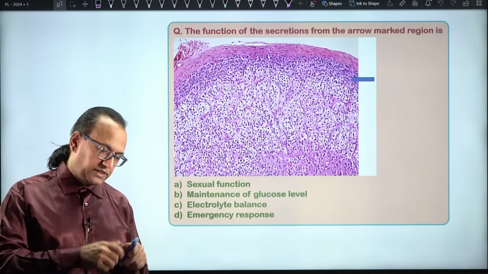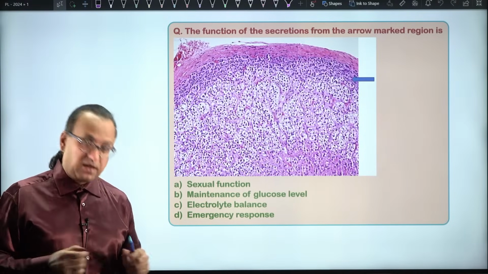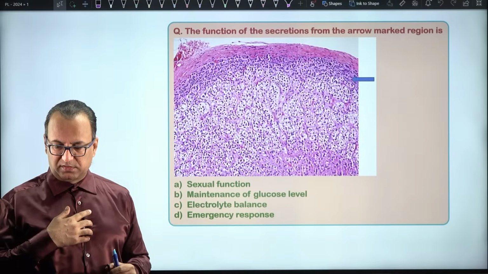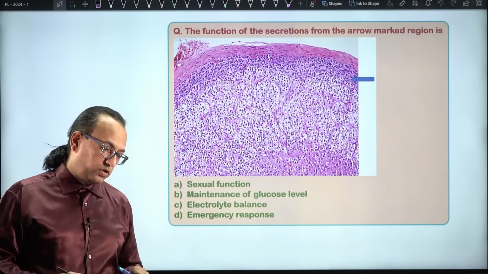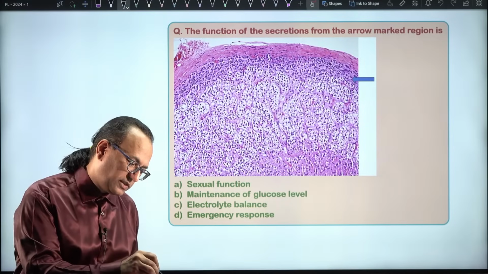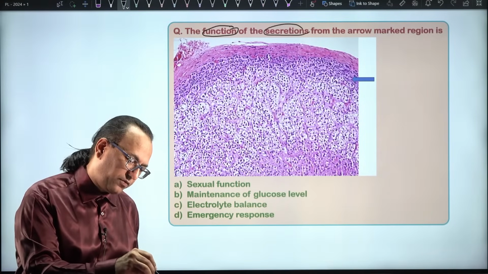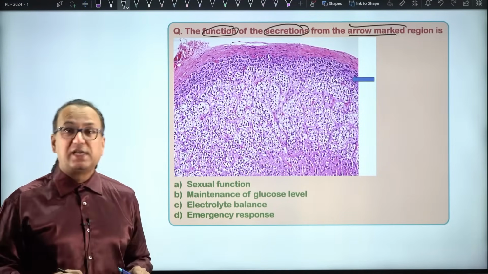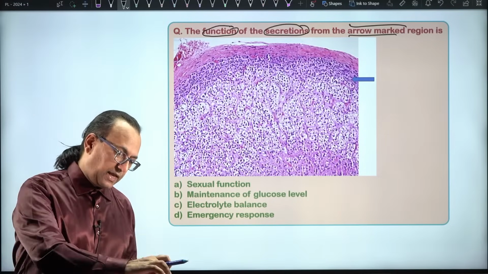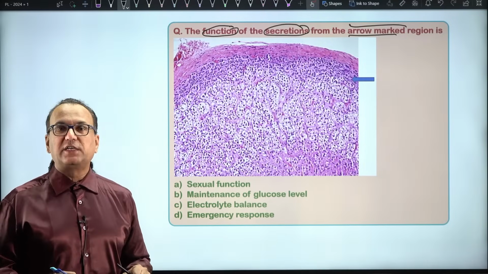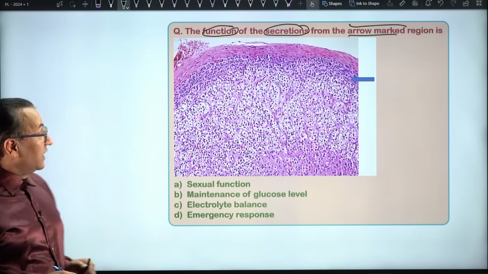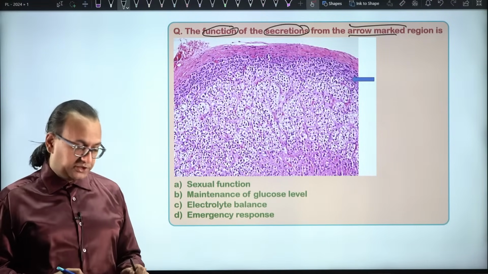And this question is asking us about the function of the secretions which are coming from the arrow marked region. So it's a repeat question. You must have seen this earlier as well. In fact, I also taught it in the LRR for the NEET PG.